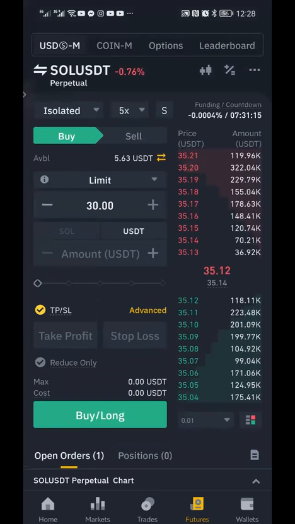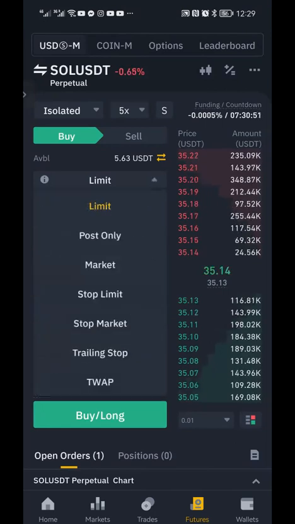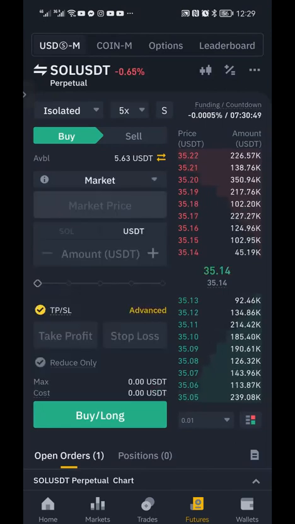But if it is market price, let's say they give you the order to sell Solana USDT at 35, between 35.2 to let's say 35.1. We are assuming that's what they give you. Then you can just click on the limit and take on market.